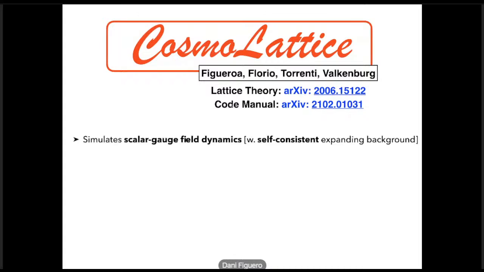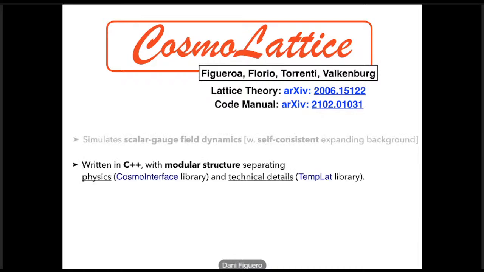Now, once you are brave and you get yourself introduced into how to use Cosmolattice, what it can do for you is simulate scalar and gauge field nonlinear dynamics, with self-consistent expansion of the universe, which I will comment on more later. It is written in C++ with a modular structure that separates physics from technical details.